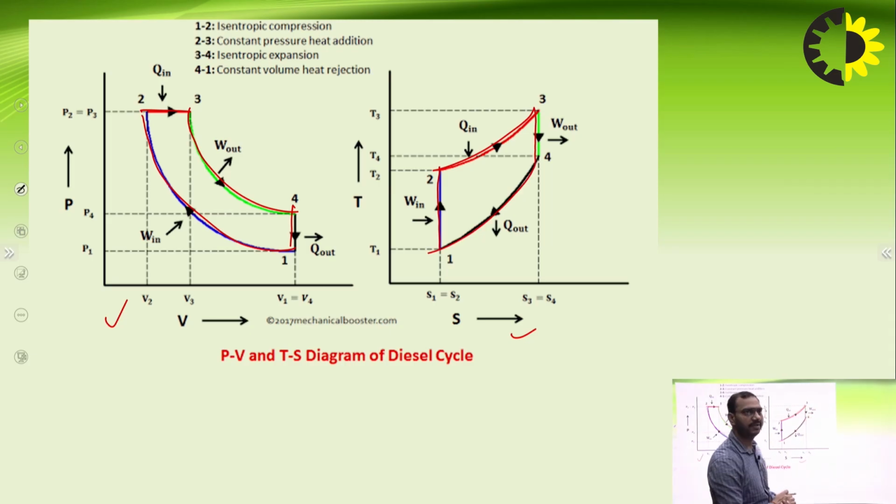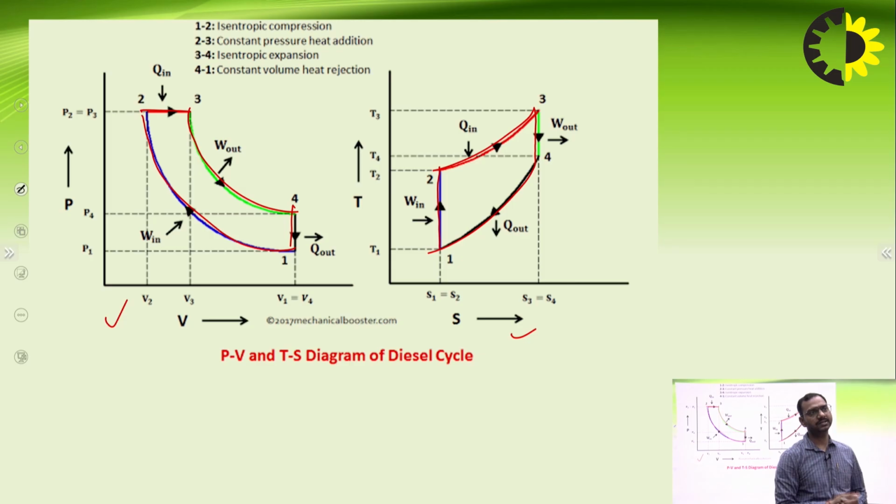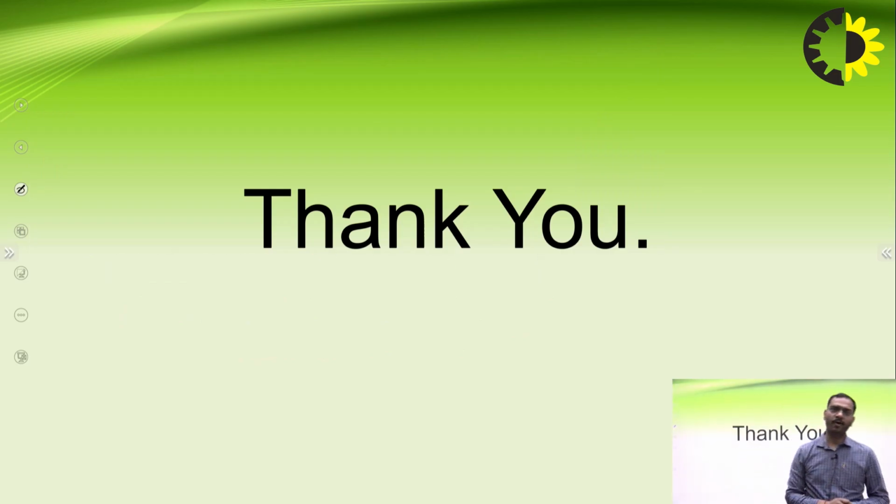So, the only difference between Otto and diesel cycle is that in Otto cycle heat addition takes place at constant volume, whereas in diesel cycle heat addition takes place at constant pressure, and the rest of the processes are the same for diesel and Otto. So, this is all for this lecture.